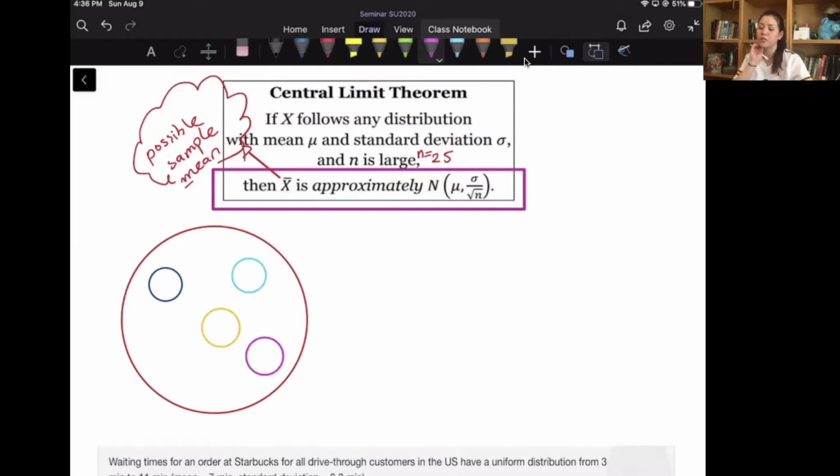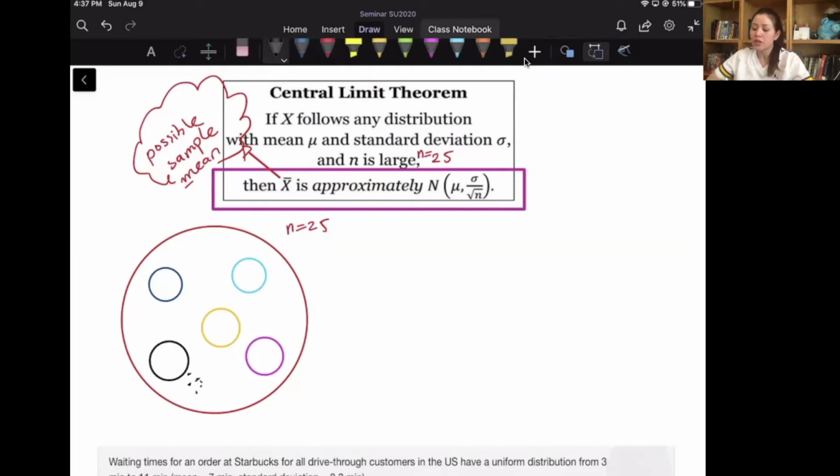Now, when I say sample and sample size, those mean two different things. In each sample there are 25 elements, so each sample has a sample size of 25. Sample 1 has a sample size of 25, sample 2 has a sample size of 25, all the way to maybe 1,000 samples, and each still has a sample size of 25.